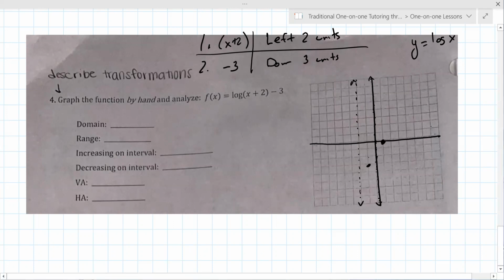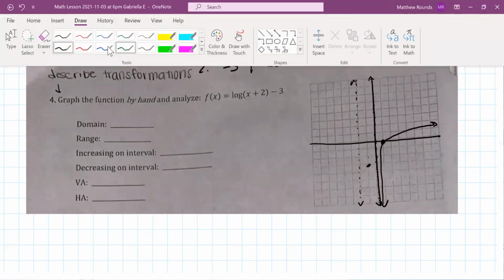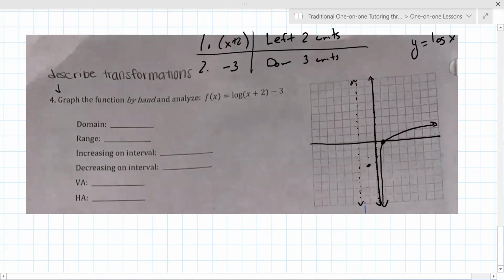Okay, and so the original looks like this. And then the transformed one, I'll do in another color here, blue. It looks like this. Now there's some things here that maybe are deceptive.